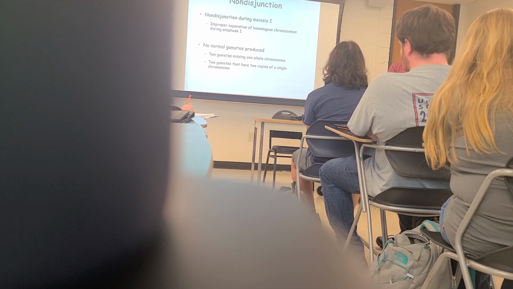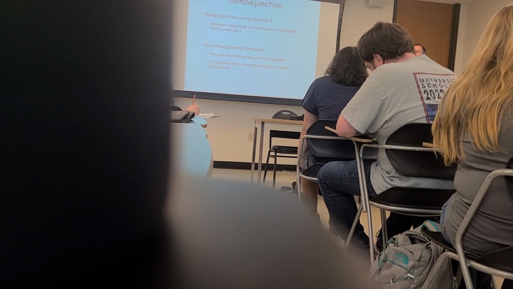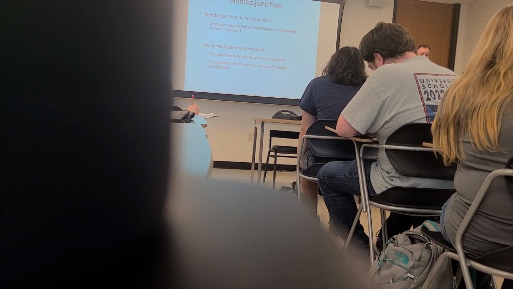And so as we think about the possibilities, we can have non-disjunction during meiosis 1, and we can have non-disjunction during meiosis 2, but when it happens at the very beginning, we will not get any normal gametes. That's something that I would like you to remember. No normal gametes are produced when non-disjunction happens during meiosis 1.